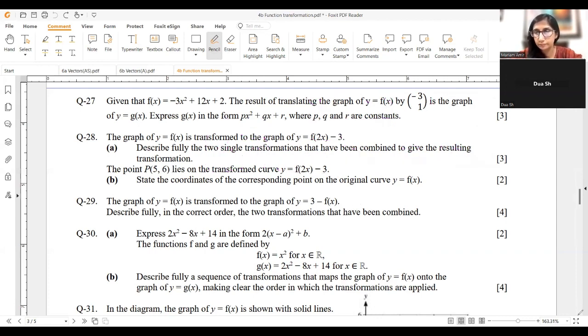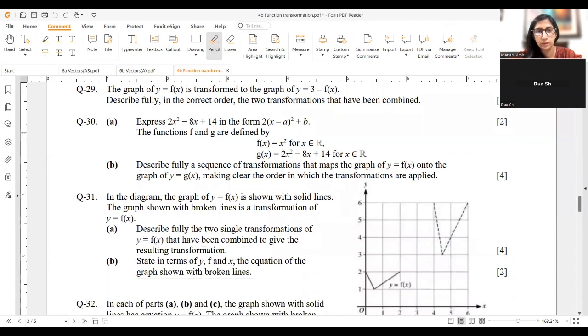Question 29. The graph of y equals f(x) is transformed to the graph of 3 minus f(x). Describe fully, in the correct order, the two transformations that have been combined.